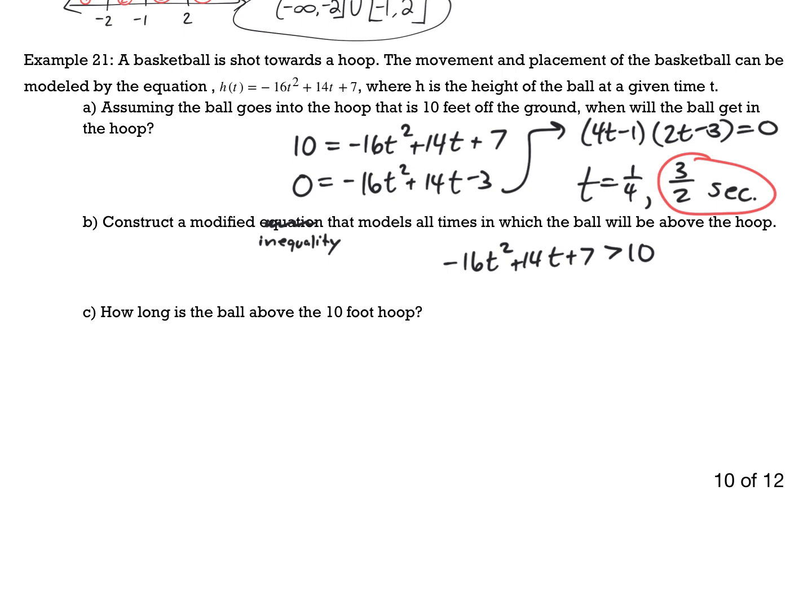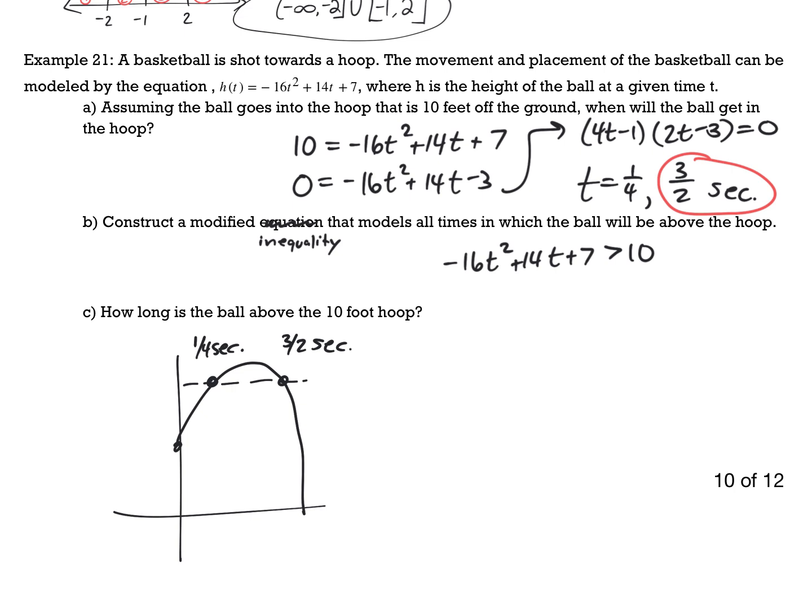Well, here's the good news. We've already done the heavy lifting. We know that in this situation, the ball is shot, it goes up and comes down. We know that at two different locations, 1/4 of a second, and at 3/2 of a second, the ball is at 10.